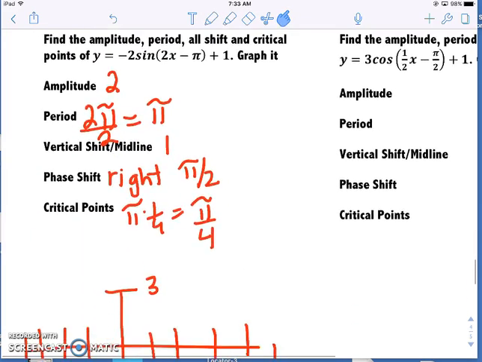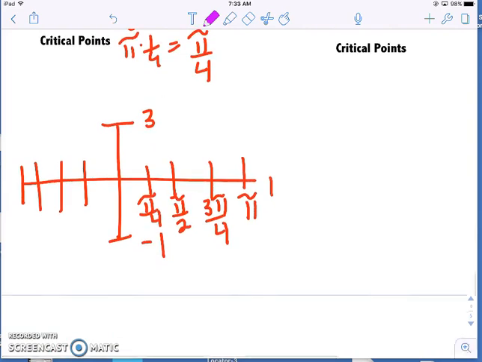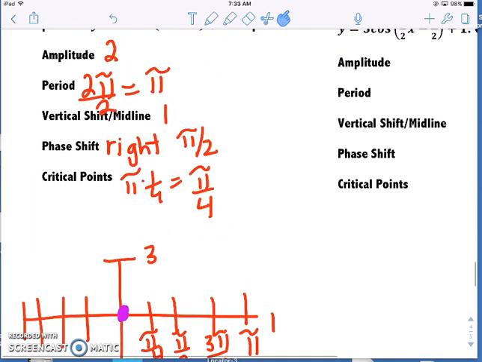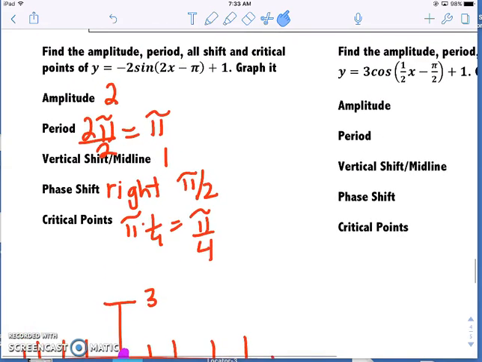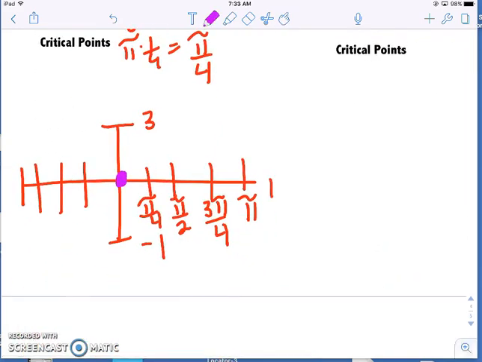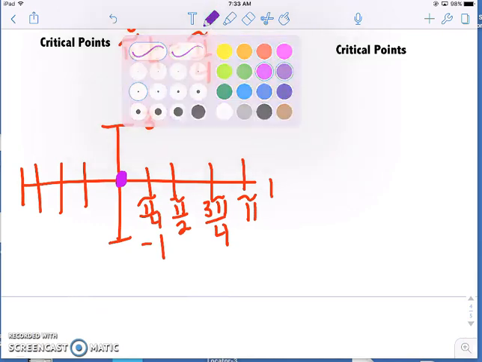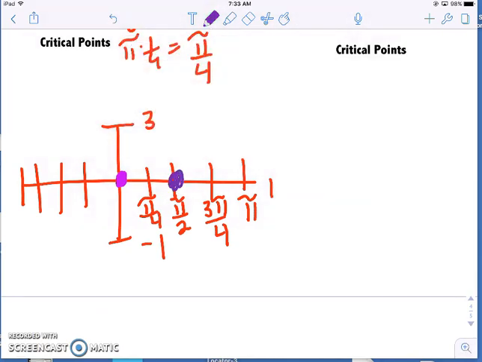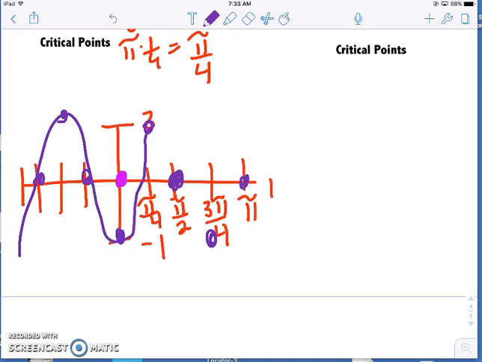This was sine, a negative sine. So it normally starts here, but we moved to the right pi over 2. So that means we shift it to the right. It would go here, and it was negative, so then it would go down. So we have our graph.